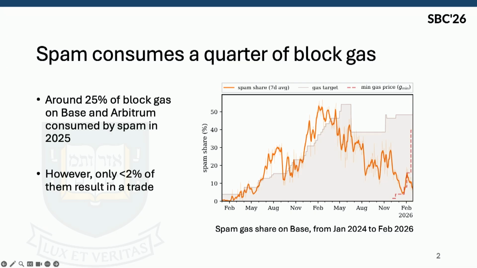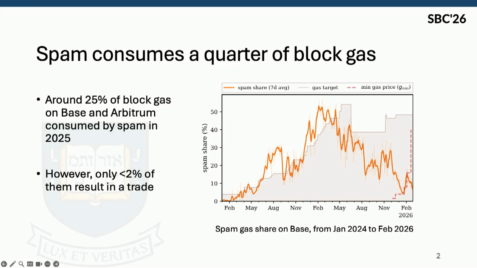This was the statistics of Base. At its peak, around 50% of the entire block is taken by spam transactions. Only less than 2% of them result in useful state changes, like a trade on some DEXs.